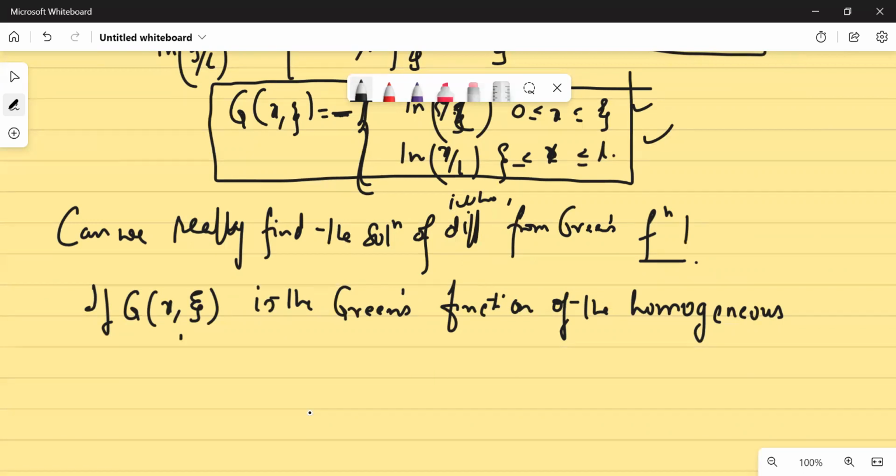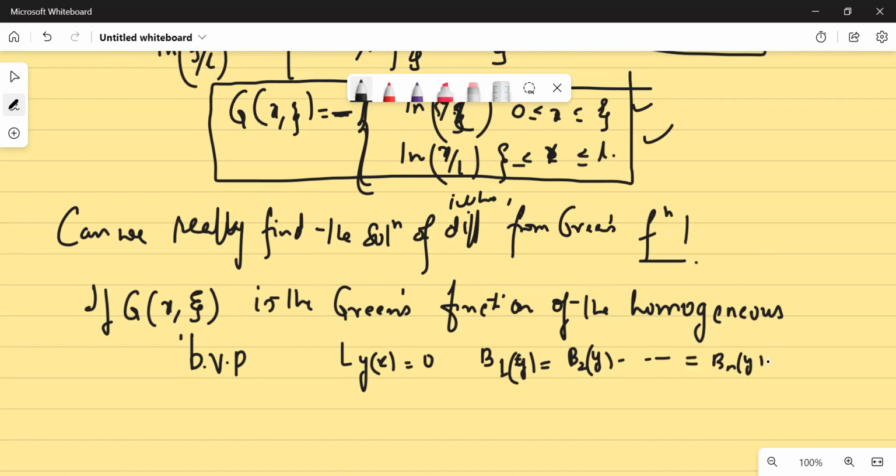So that will form the homogeneous boundary value problem, that is L y = 0 given these boundary conditions, b1 y = b2 y = ... = bn y = 0.